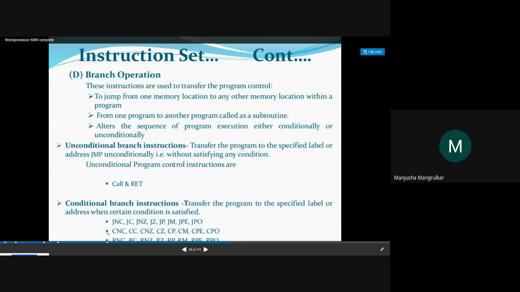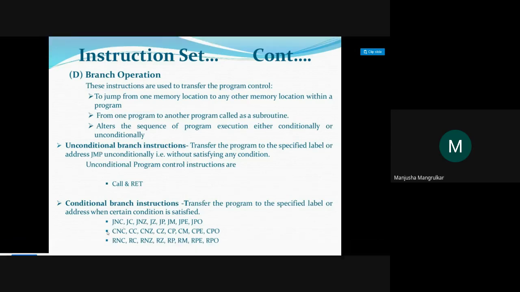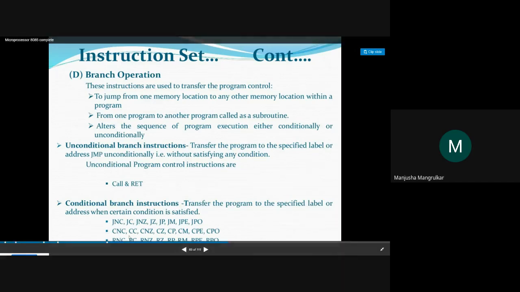Call is used to go from one program to another subroutine, where that program is executed and control comes back. Same as call on no carry, call on carry, call on no zero, call on zero, call on positive, call on negative, minus, call on parity even, call on parity odd, right?